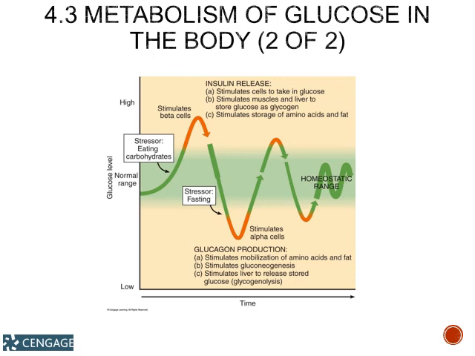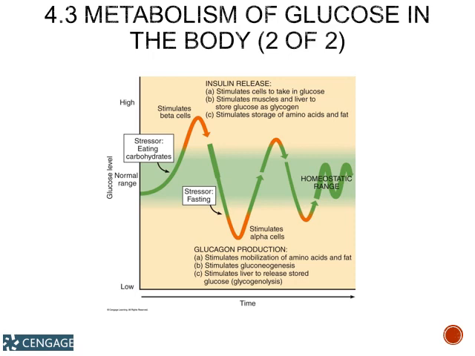On the x-axis, you see the amount of time after a meal. So in the first white text box, you see the stressor, which they call it a stressor in here, eating carbohydrates. So your blood glucose levels will increase in response to that stressor.